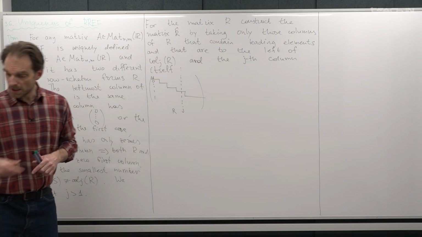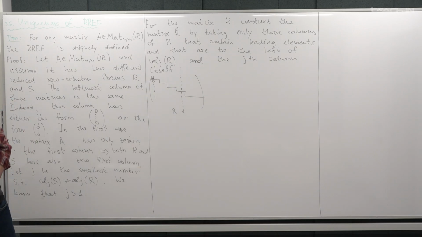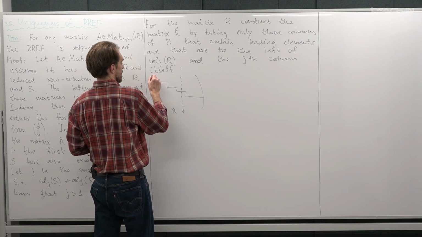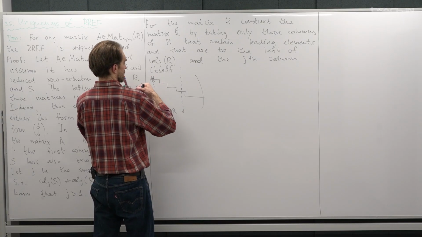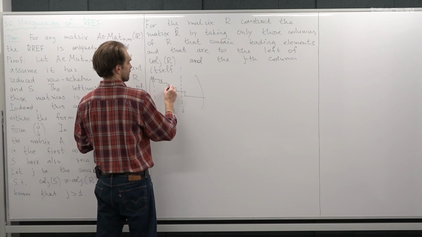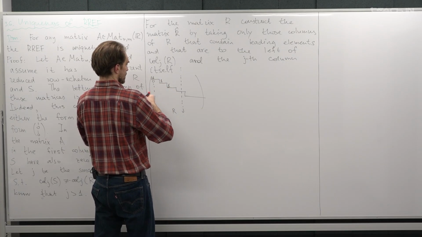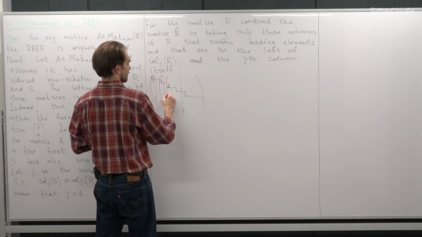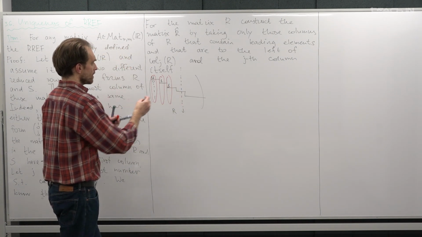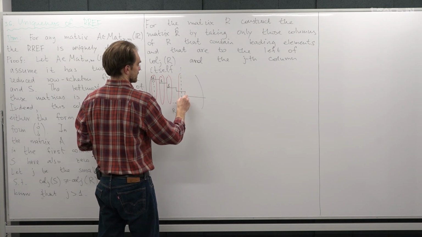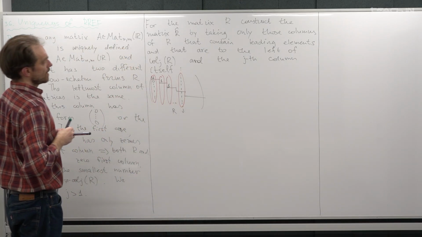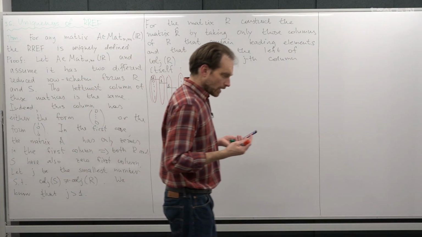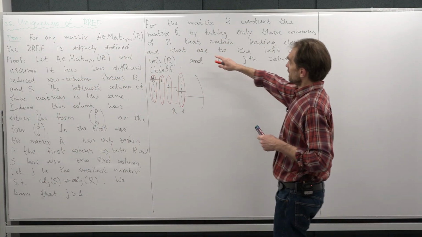So we take only the columns that contain leading elements. So this is the leading element, then we have a leading element here, and here, and so on. So we take only the columns with leading elements that are to the left of the jth column and the jth column itself. And we put these columns into a new matrix, and we call this matrix R with a hat.